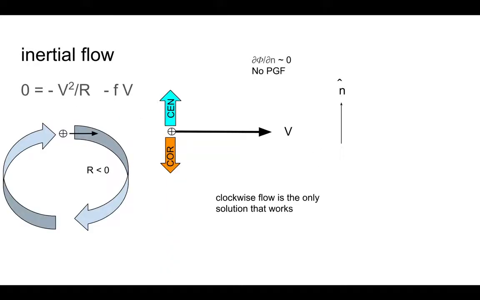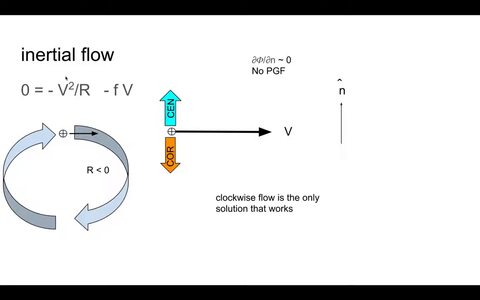And we also talked about the situation where, let's say, there's no pressure gradient. So dphi/dn is 0, there's no pressure gradient force, but there is some velocity. So say we've been able to set the flow in motion somehow, but there's no pressure gradient force.